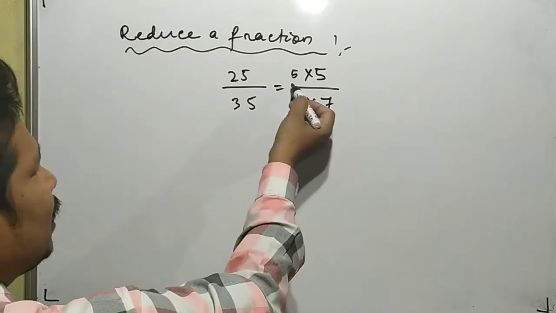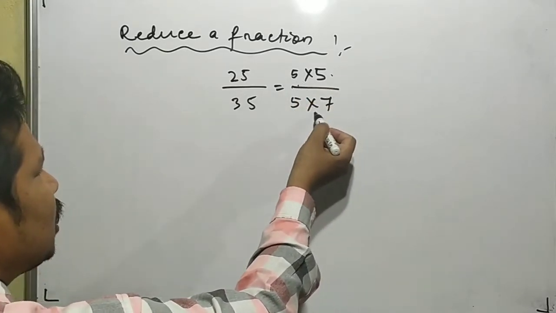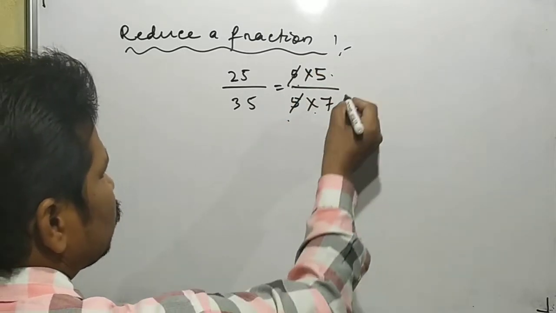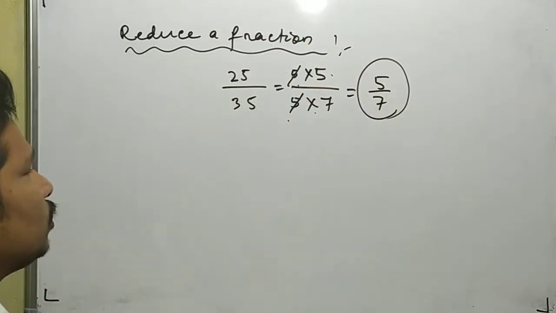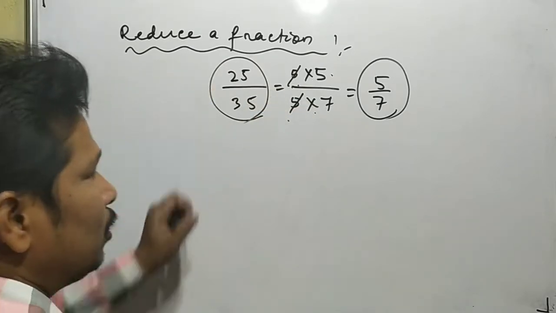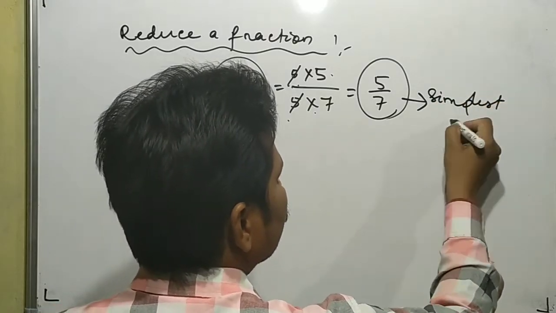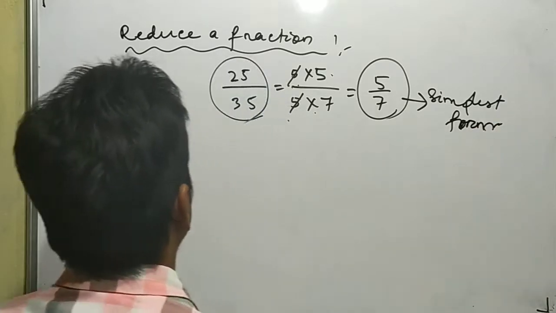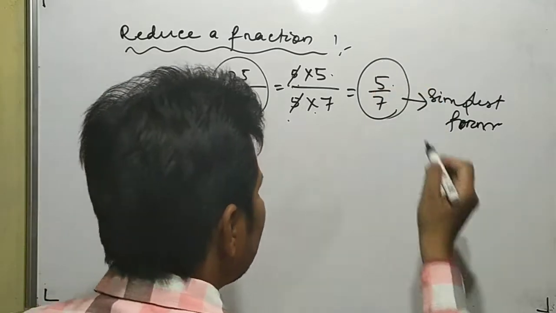If the same number is multiplied in the numerator and the denominator, we can cancel this 5. So our result is 5 by 7. This is the reduced form of the fraction 25 by 35, and this is known as the simplest form. So when we reduce 25 by 35, our result is 5 by 7.